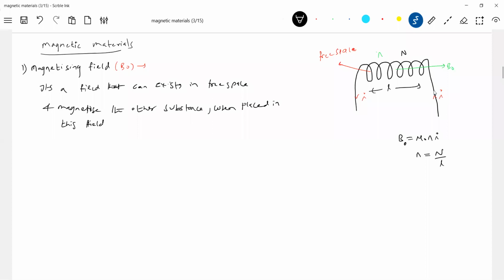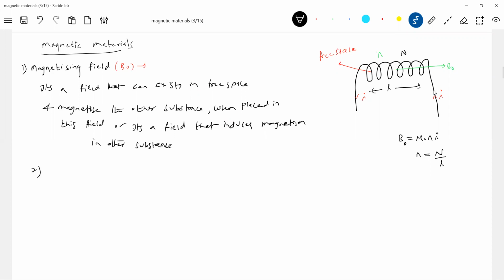It can induce magnetism, or you can magnetize that other substance. So it's a field that induces magnetism in other substances. You can call it the external field.